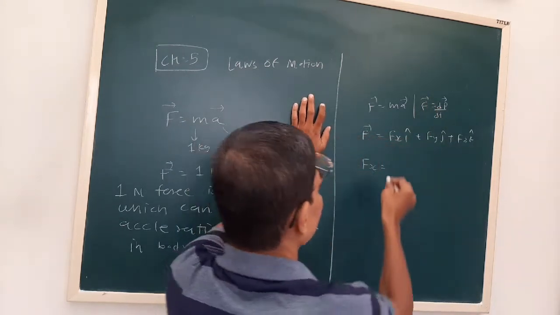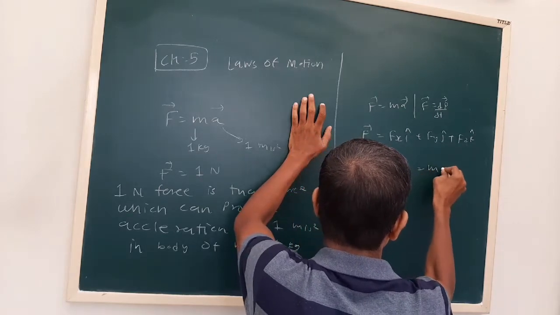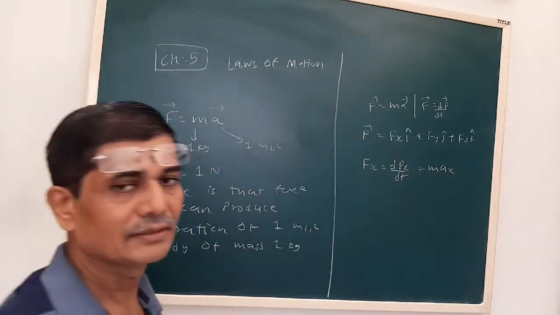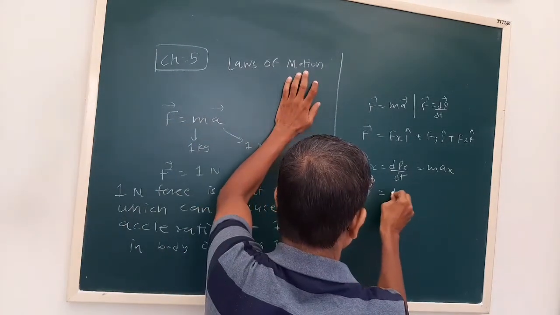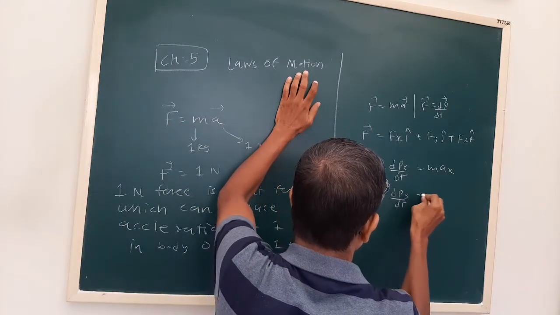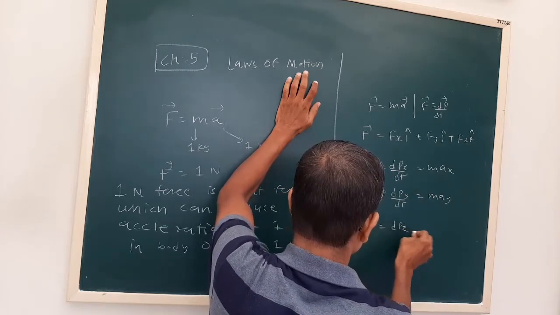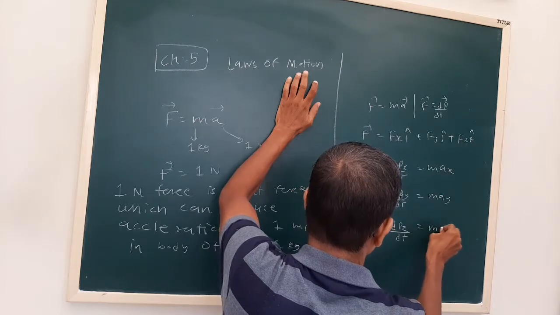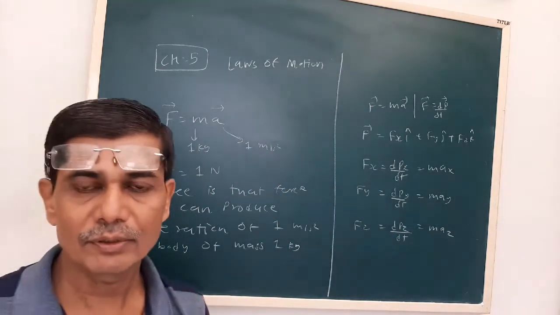So Fx is dpx by dt, which is m into ax, where ax is the x component of acceleration. Then Fy is dpy by dt, and Fz is dpz by dt. This is about the components of the force.